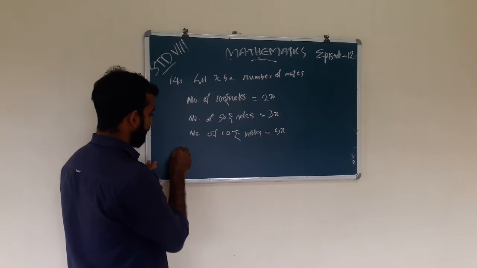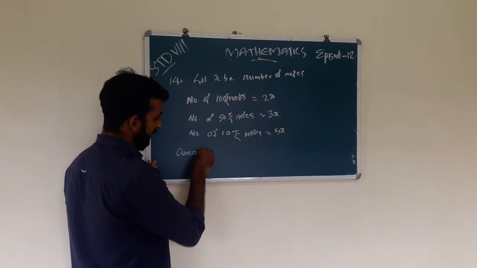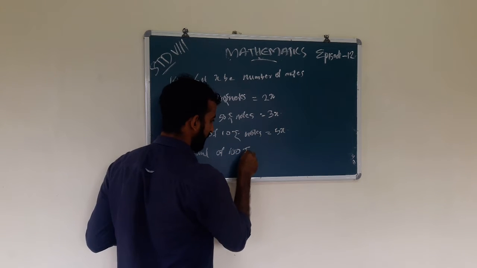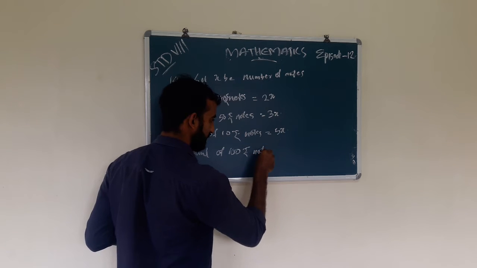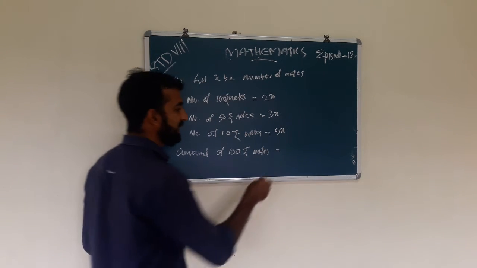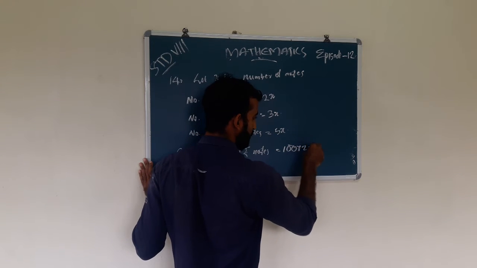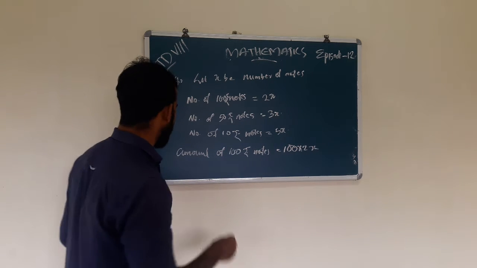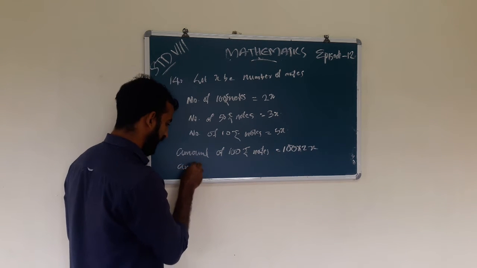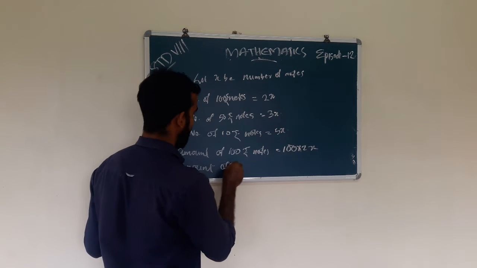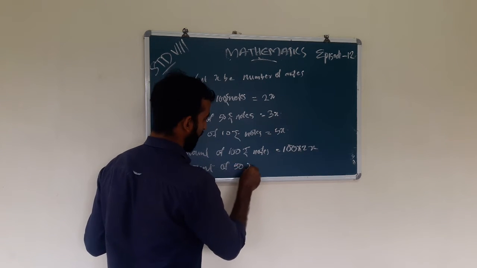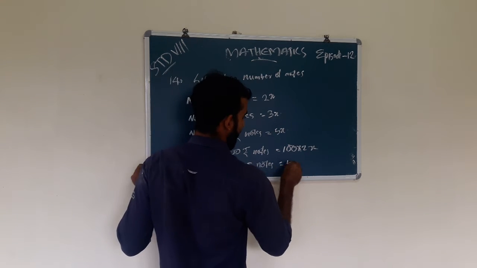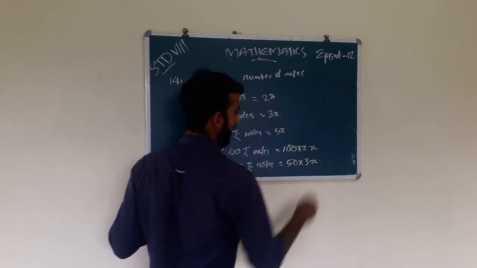And the amount of 100 rupee notes we can write as 100 into 2x. The amount of 50 rupee notes is 50 into 3x.